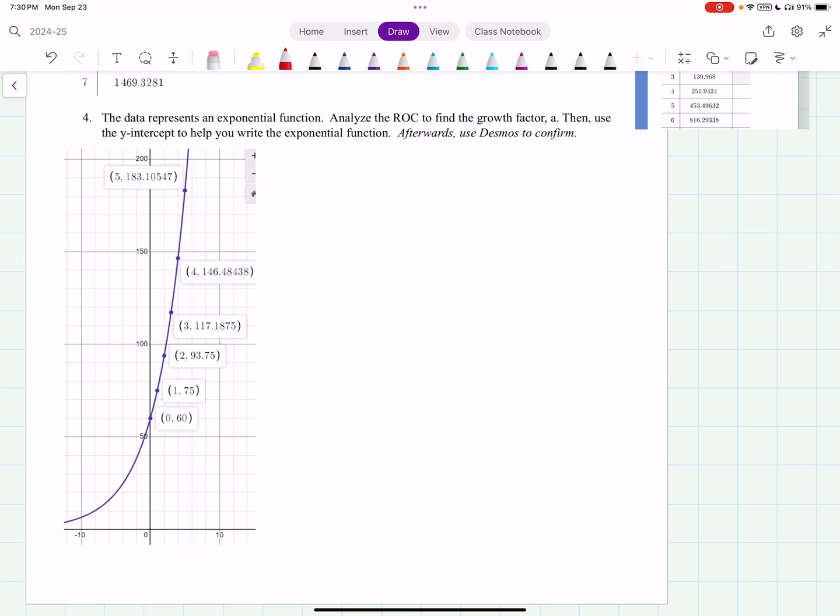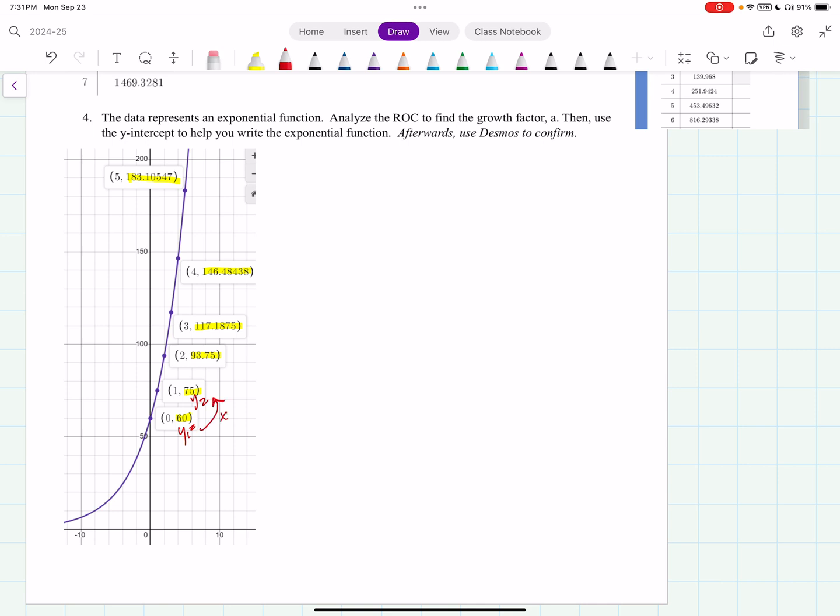Okay, number 4. Similar thing, but we have a growth function because it goes up and all the y values are increasing from 60 to 75 to 93.75 to 117 and 146. So they're increasing. So how do you get from this y value to the second y value? What do you multiply by?